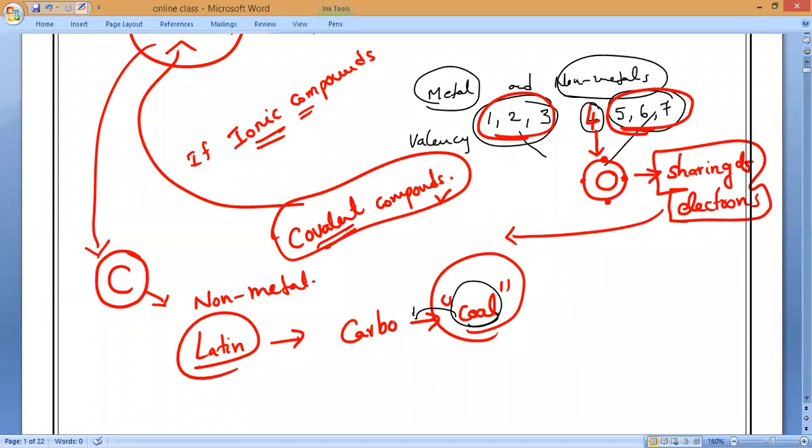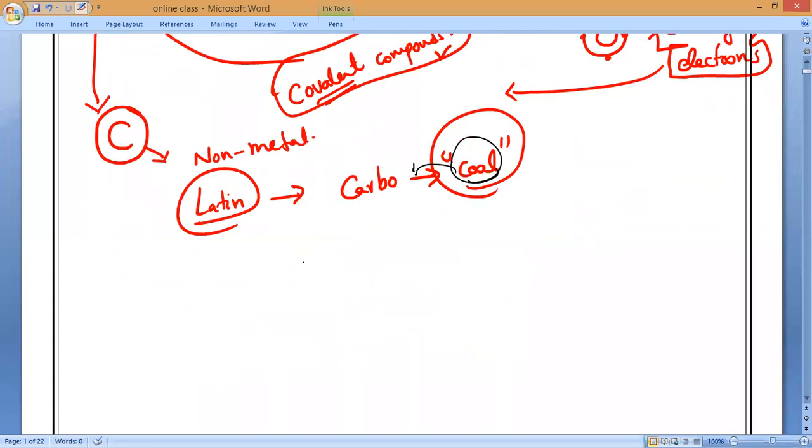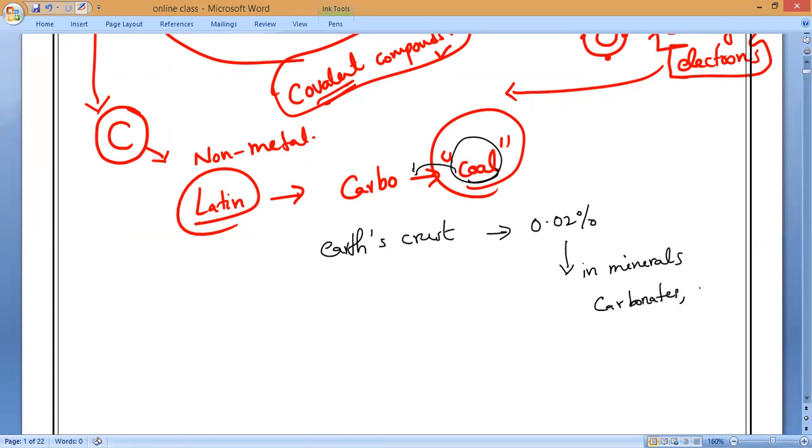Now observe carefully the amount of carbon present in the earth's crust. Earth's crust means inside or outside, guys? If you take the earth's crust, it contains only 0.02 percent, and that is in the form of minerals, such as carbonates, which we will study as salts, coal, and petroleum.